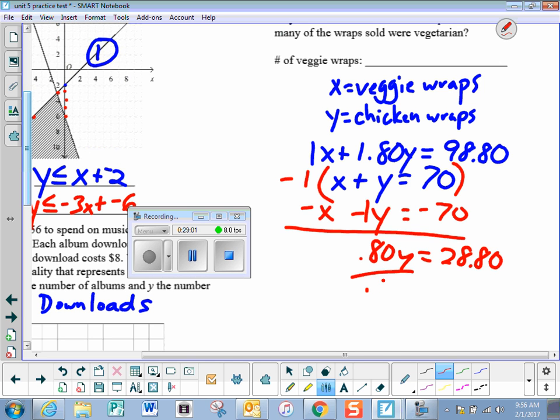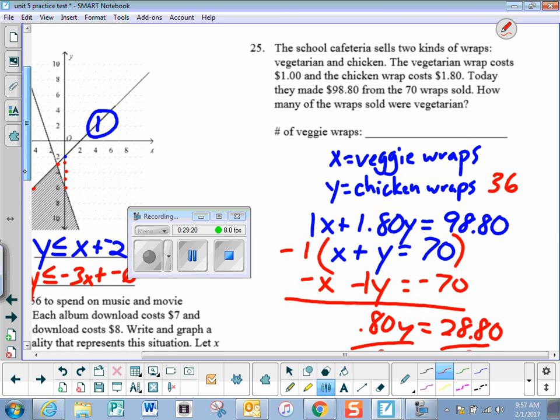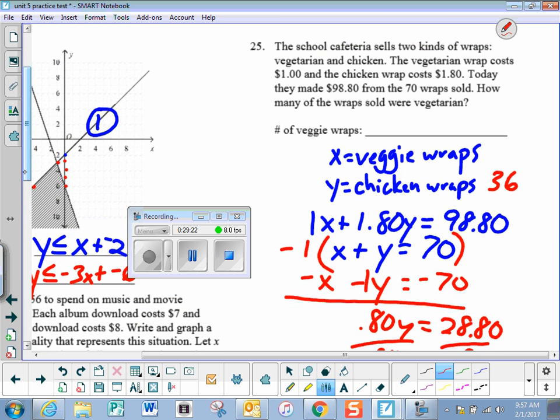Divide both sides by 80 cents, and I get 28.80 divided by 0.8, 36. What is 36? Chicken wraps. If there's 36 chicken wraps, how many veggie wraps are there? 34. What are we asked? 34 veggie wraps.